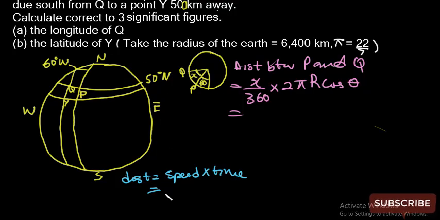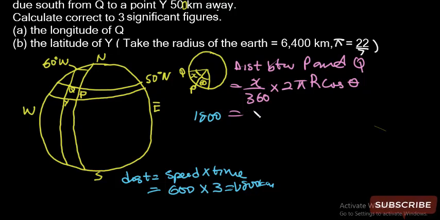The speed given in the question above is 600, and the time it took to travel is 3 hours. So we have distance equal to 1,800 kilometers.